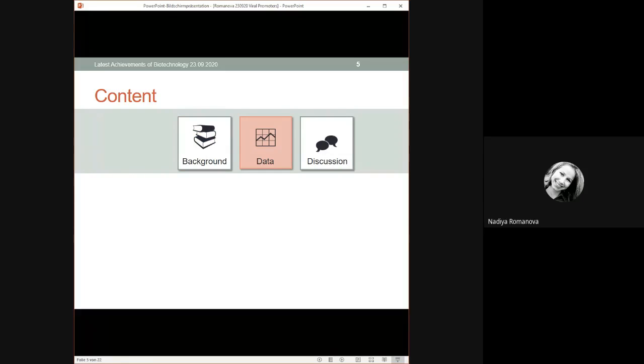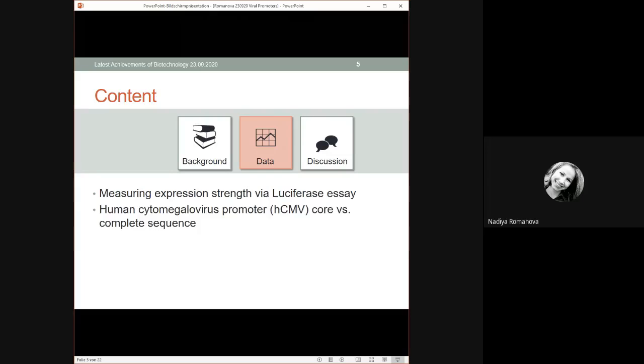The data that I would like to present relates to measuring expression strength with the help of the luciferase assay. So I will briefly explain how the luciferase assay functions, and what and why it is able to show us.